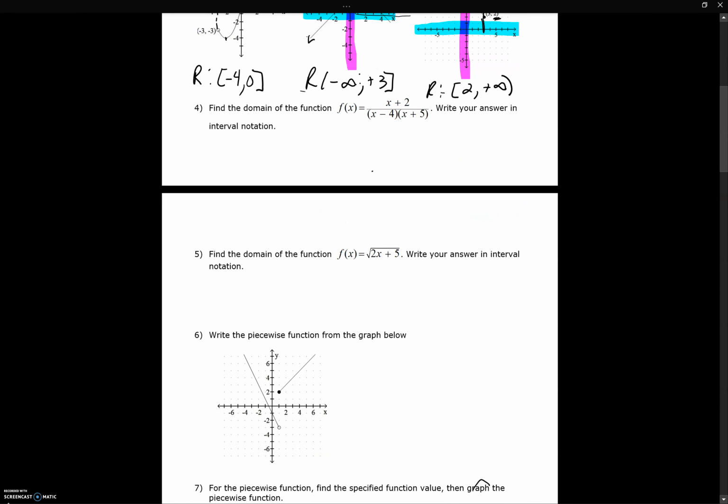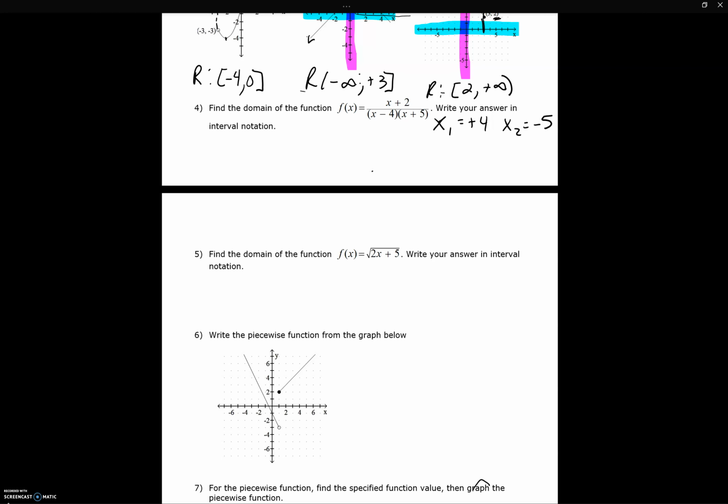Find the domain and range of this function. So when you're finding the domain and range of a rational function or something that's written as a fraction, you first have to think about when does this not work for the domain, and that's when the denominator is 0, right? You can't have a fraction whose denominator is 0. So our two zeros, our x1 is going to be +4 and our x2 is going to be -5.